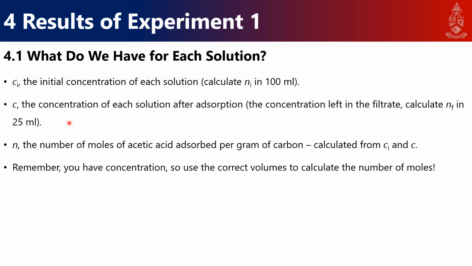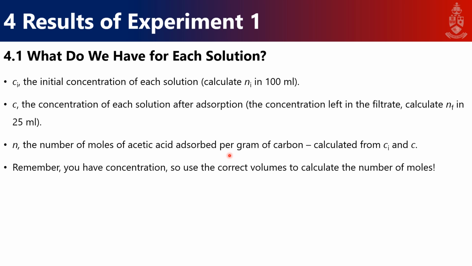Okay, then once you have those two quantities, in other words, the initial number of moles and the final number of moles, then you can calculate the number of moles of acetic acid adsorbed per gram of carbon. Because remember, this difference, Ni minus Nf, is the number of moles adsorbed onto a gram of carbon, because in each of the Erlenmeyer flasks, we had 1 gram of carbon, right?